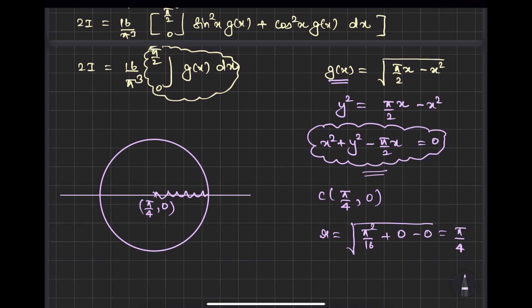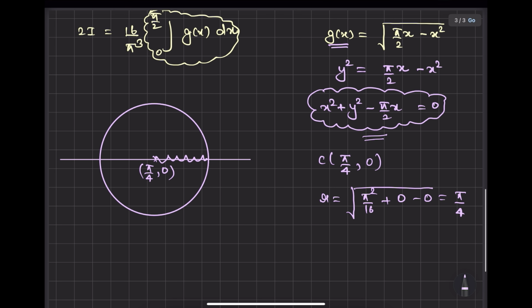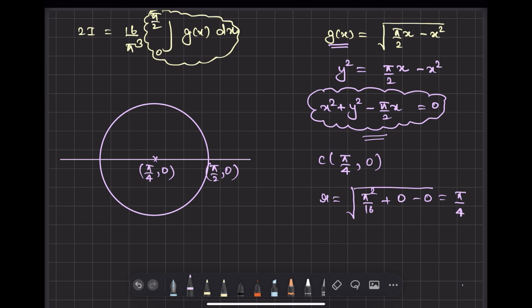So pi by 4 plus pi by 4 will become pi by 2 comma 0. Okay, now look at this. This is your y axis, and this is this curve. Your curve is passing through 0 comma 0. Just tell me, is this the exact diagram of the given circle, yes or no?